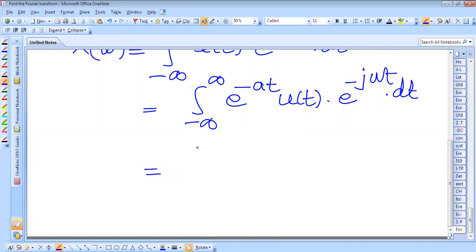Therefore we can write here, and we can change the limit to 0 to infinity, as the unity function is from 0 to plus infinity on the right hand side of the equation.